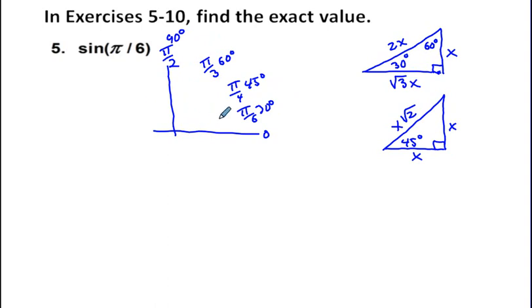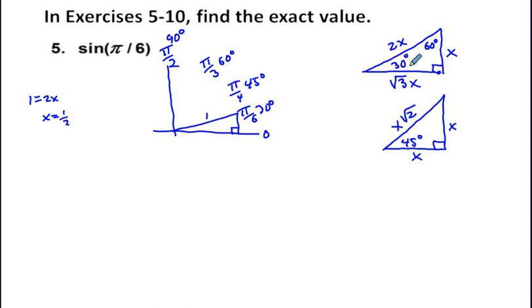So anyway, pi over 6 is over here at 30 degrees. By the definition of the unit circle, the hypotenuse, or the radius, is 1, and the opposite side is going to be 1/2, because we have this relationship x, 2x, and so if 1 is equal to 2x, x is equal to 1/2.